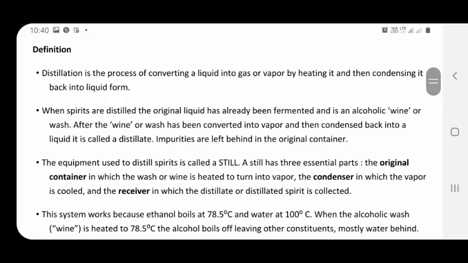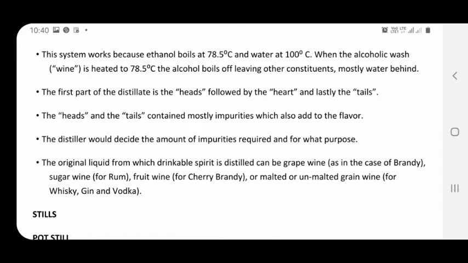Head means the first part of our distilling process. After that, we get the heart, which is the second part of the distillation. And then tails: the whole mixture evaporates, and we get the tails, the remaining parts.